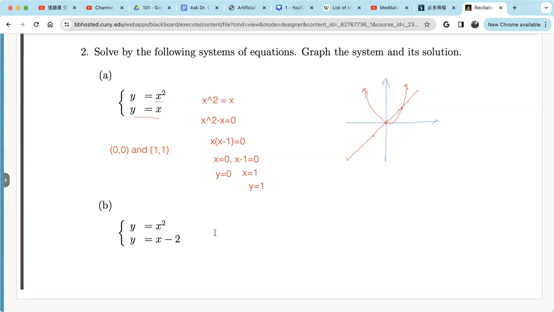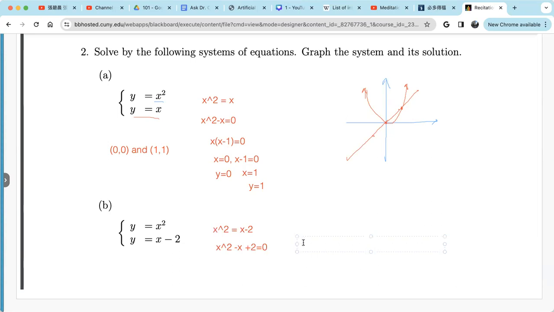So similarly for B, y equals y, that gives us x squared equals x minus 2. Or move x minus 2 to the other side, then x squared minus x plus 2 equals 0. Do we have a solution? Sometimes we may not have a real solution.